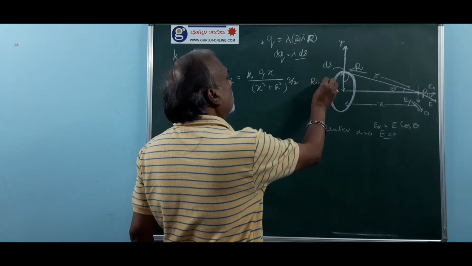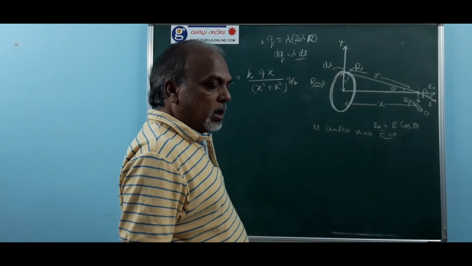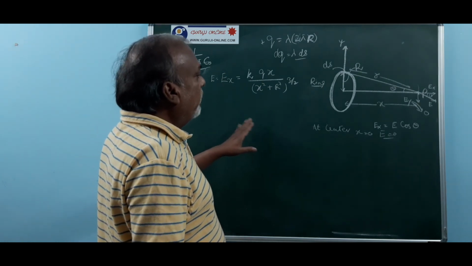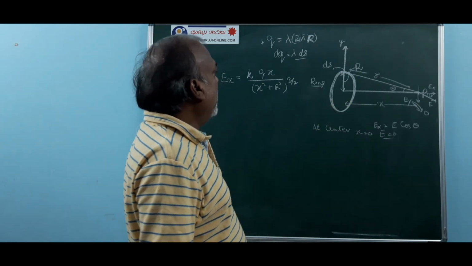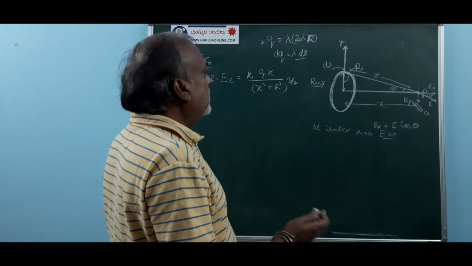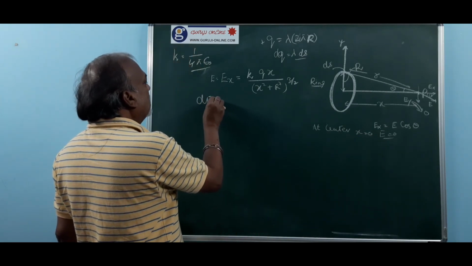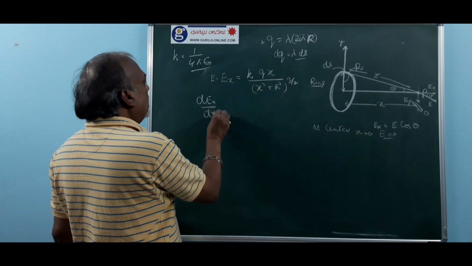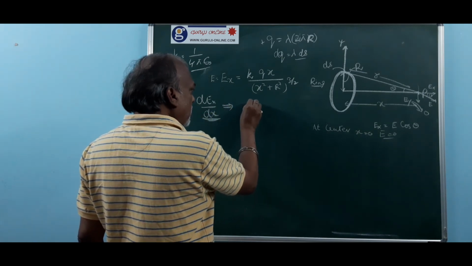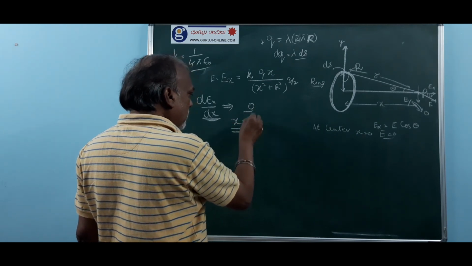Now we observe that at x equal to 0, E is 0, and when x is becoming infinity, then also it is becoming 0. Then where is the maximum value? Then what we can do is dEx upon dx. If we find this and equate to 0, then we can find out the value of x.